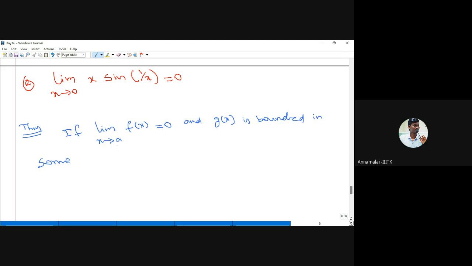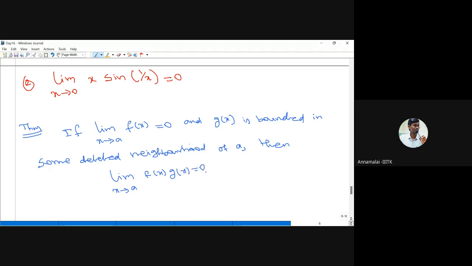You have to remove a from that neighborhood, where the neighborhood is the open interval a minus epsilon to a plus epsilon. In that deleted neighborhood of a, g is bounded. Then the product function limit is 0: limit x goes to a, f of x into g of x is 0.